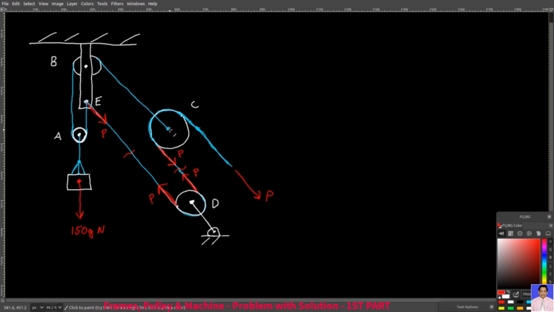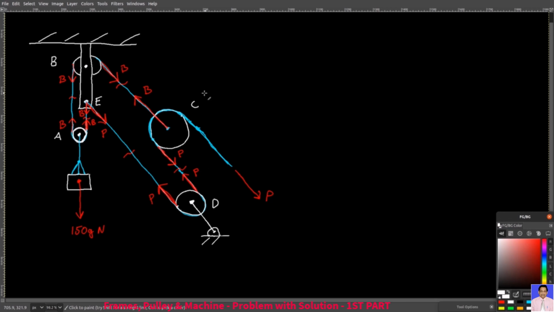The force above pulley C, we can call it B. It gets transmitted about pulley B and A. Again, if I make these imaginary cuts, then I will have B forces here, and then also between pulleys B and A, and pin E and pulley A.